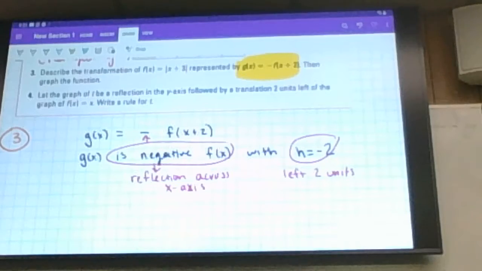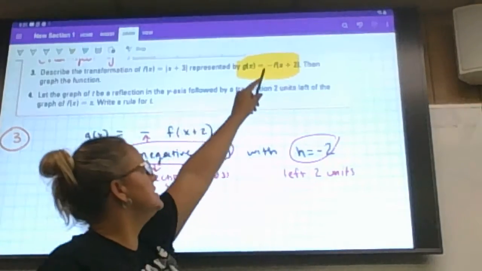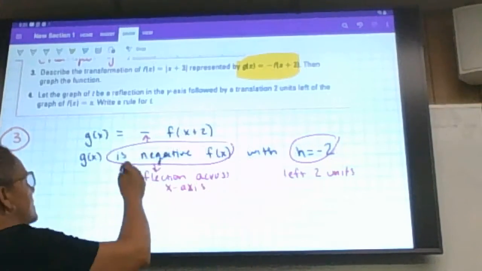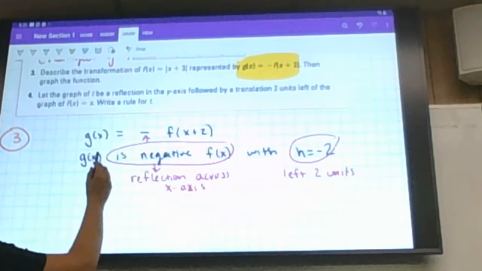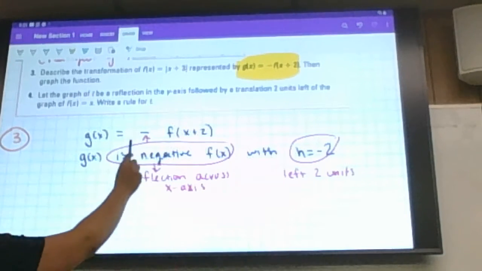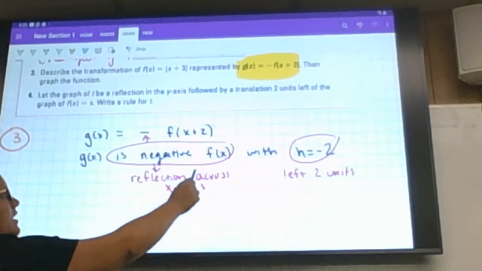When you're looking at all of these symbols, so this negative in front, g of x is the negative of the entire function.